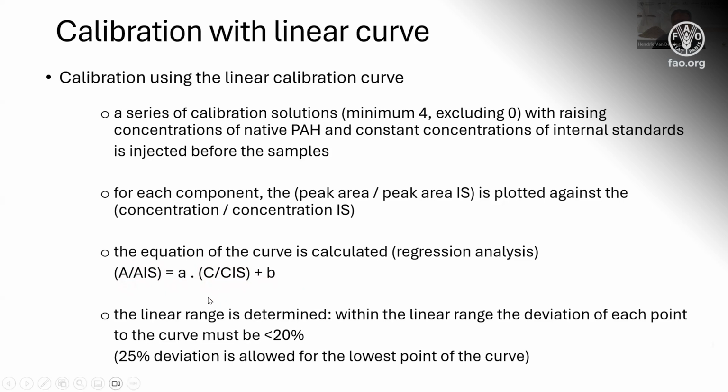We determine the linear range of this curve, and within the linear range, the deviation of the points to the curve must be lower than 20%, the so-called residuals. That is something that is usually automatically available in your software. For the lowest point, we allow 25% deviation because the measurement uncertainty is a little bit bigger on these low concentrations.